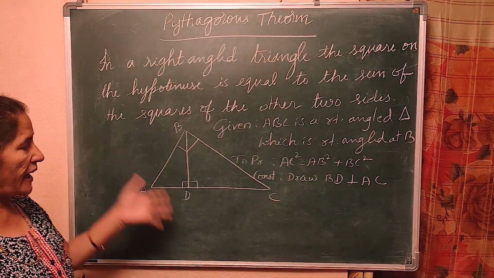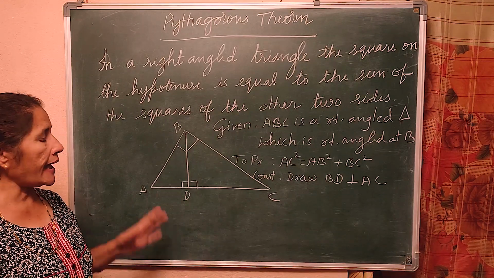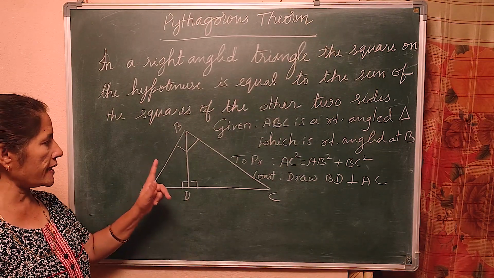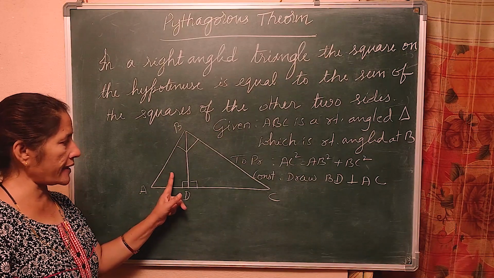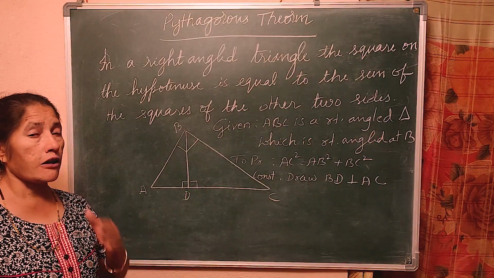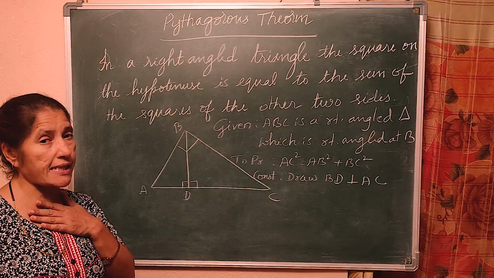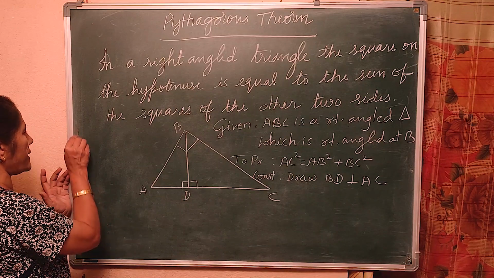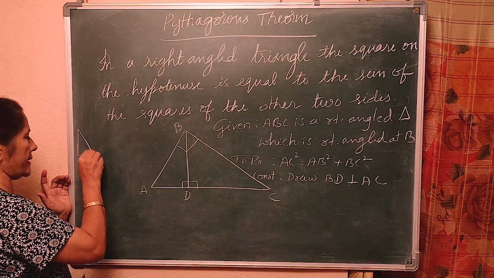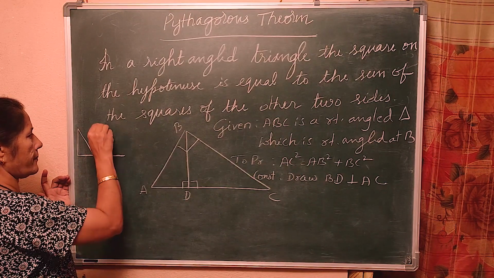Now when I draw BD perpendicular to AC, I get three triangles. What are those? This is one original triangle, this is one triangle, this is the other triangle. For my reference, for my easiness, I draw these three triangles in pencil lightly.